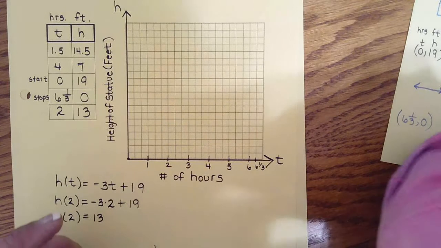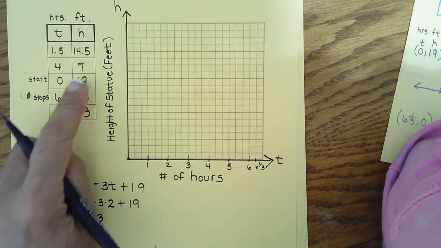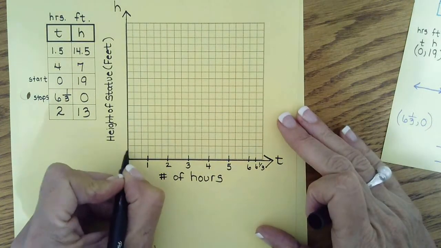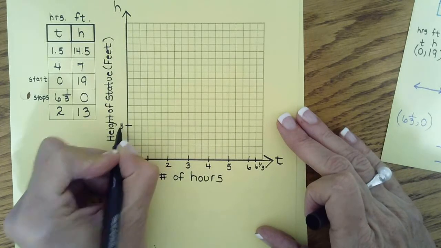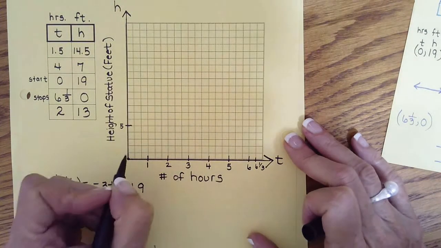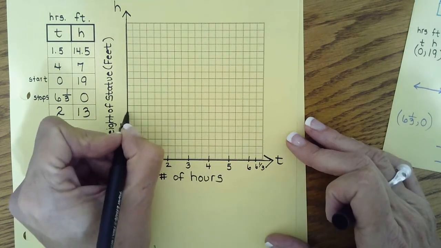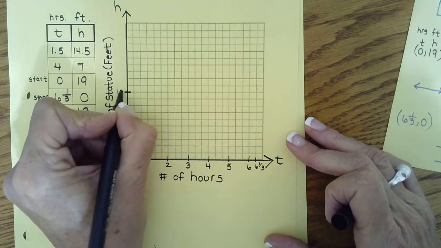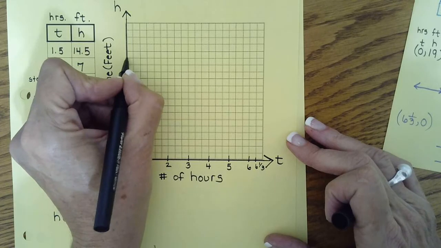So now we have to decide how to label this one. We have to go from 0 to 19 here. I'm guessing we're going to have to go by ones. So 1, 2, 3, 4, 5. So every 5 I'm going to write down, just because I don't want to write 19 numbers. So 1, 2, 3, 4, 5, 6, 7, 8, 9, 10, 11, 12, 13, 14, 15.